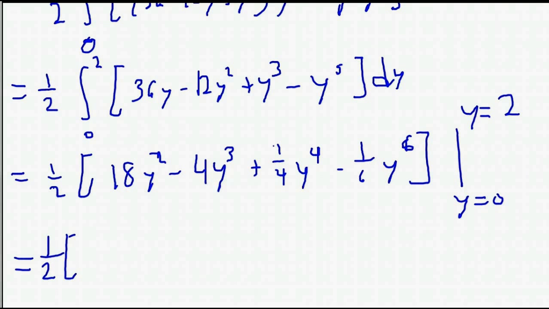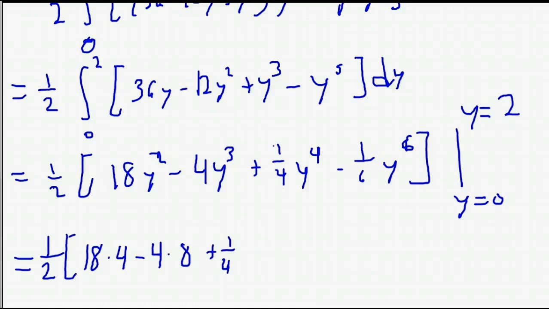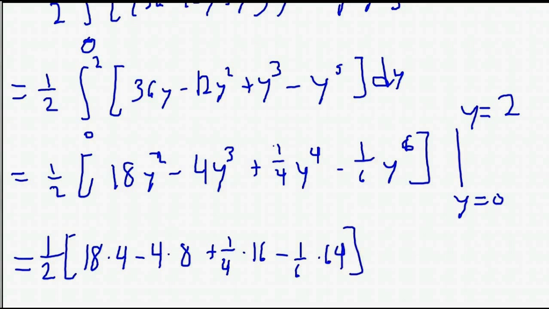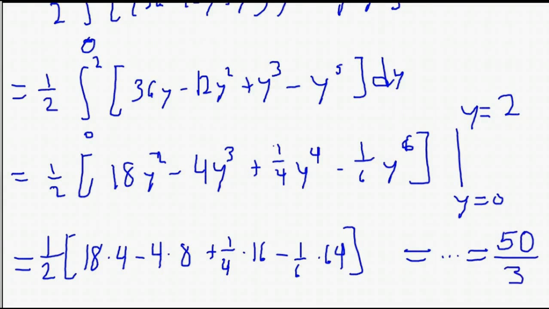We get 18 times 4, minus 4 times 8, plus 1/4 times 2 to the 4th, which is 16, minus 1/6 times 2 to the 6th, which is 64. If you work all this through, not everything divides in evenly. You end up with a fraction: 50/3 for this particular problem.